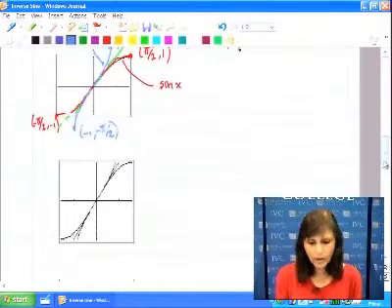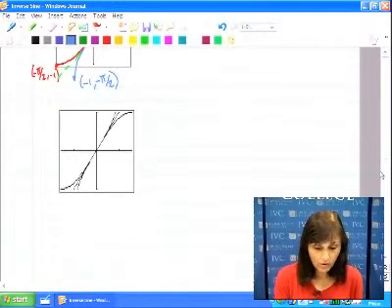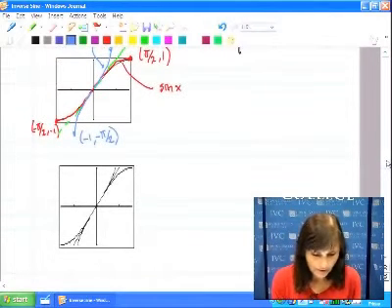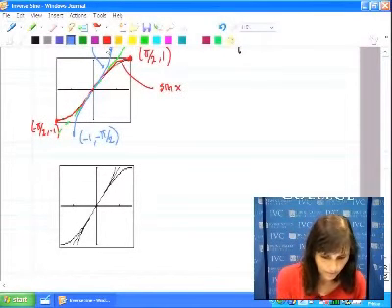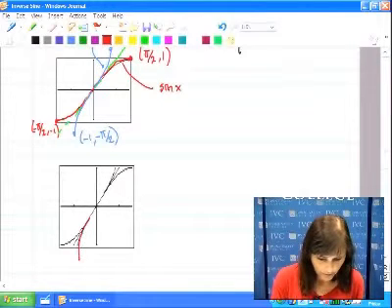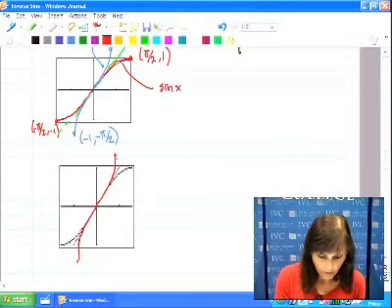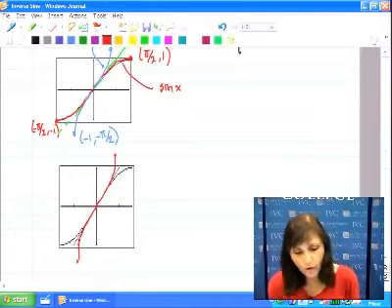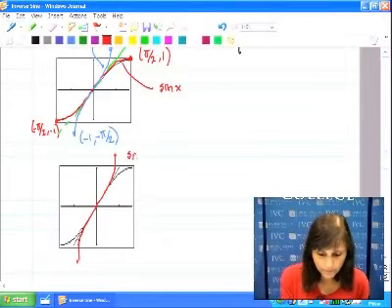And what will it look like when you draw it in your graphing calculator? It will look something like this. Here we go. And that is the picture of your inverse sine.